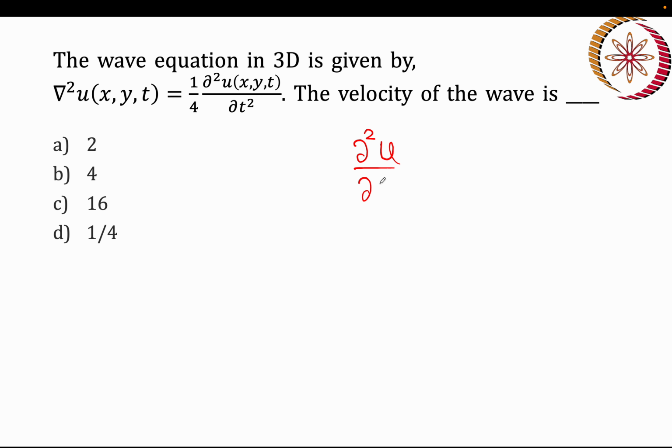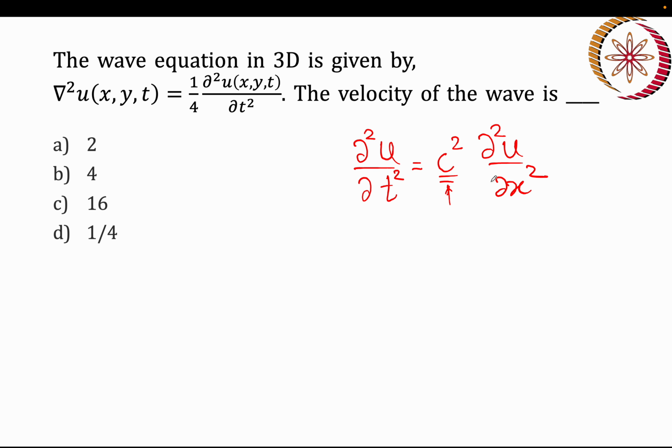Let's say if we are talking about the 1D case, then the wave equation will be of this form, and you can see that this is a C, and if you do the dimensional analysis, then you can see whether this term should be C or C square.